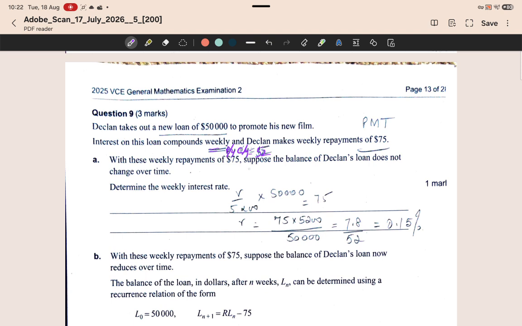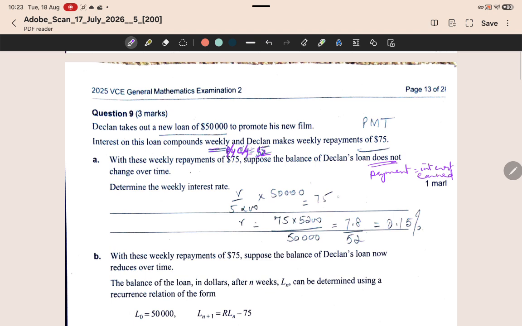With these weekly repayments of 75, suppose the balance of his loan does not change over time. The balance of his loan not changing over time implies that his payment is equal to the interest earned. If that was the case, determine the weekly interest rate.